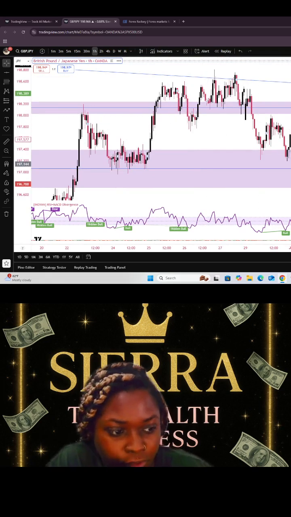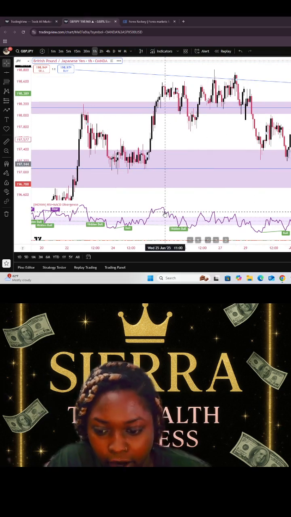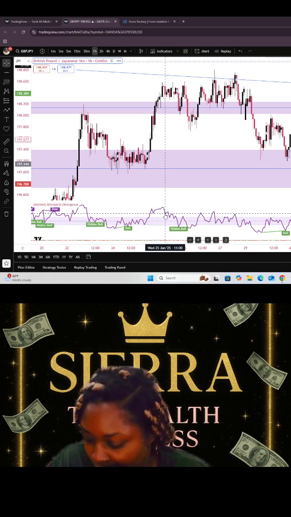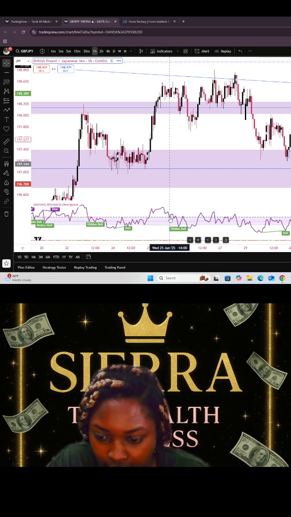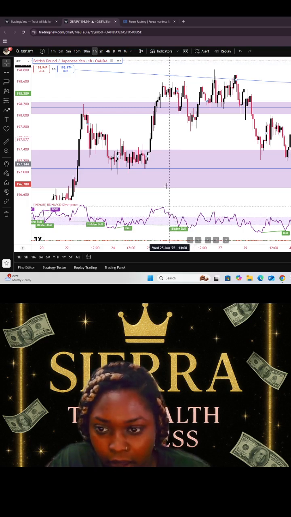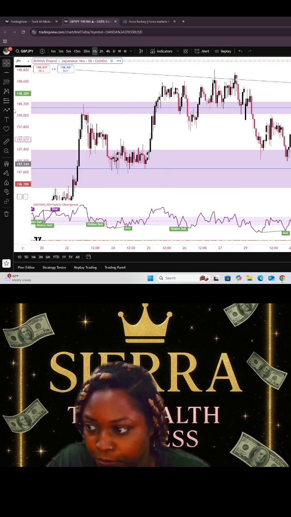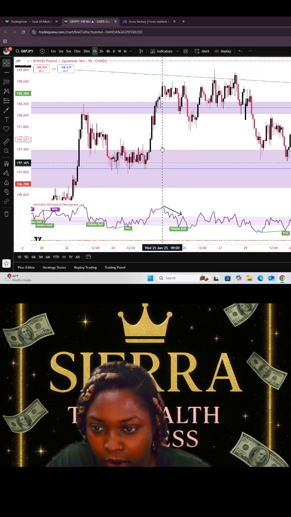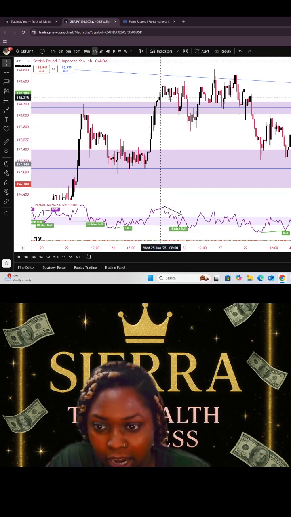If you look down here on the indicator, you see price is making lower lows, lower highs, lower lows, lower highs, lower lows, lower highs. Now, if you look up here, you follow the dotted line. Price is selling here. You see that? Now, if we look up here on the dotted line where price was making lower lows and lower highs, it's kind of consolidating.